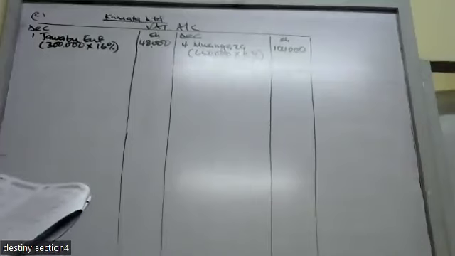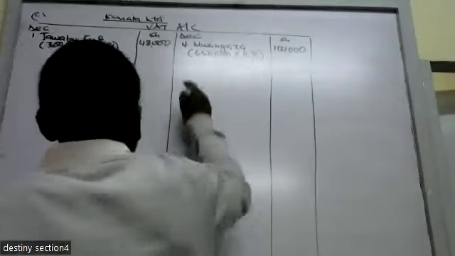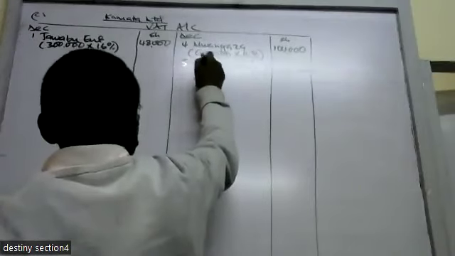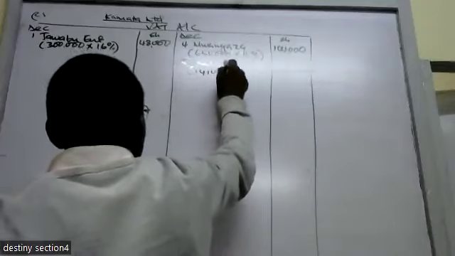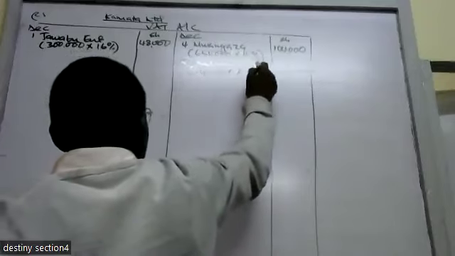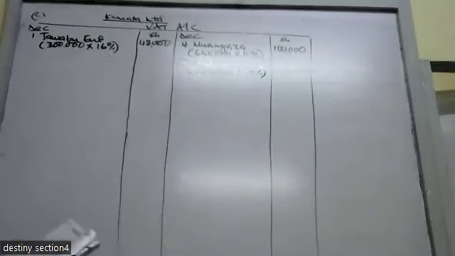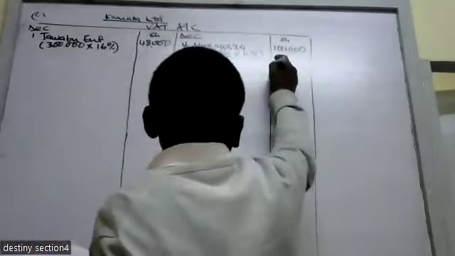So we get 1,410,000. That is sales, and then you come here and make the entry. I say on the 5th there are sales: 1,410,000 exclusive of VAT multiplied by 16%, so I get 225,600, and we credit 225,600.